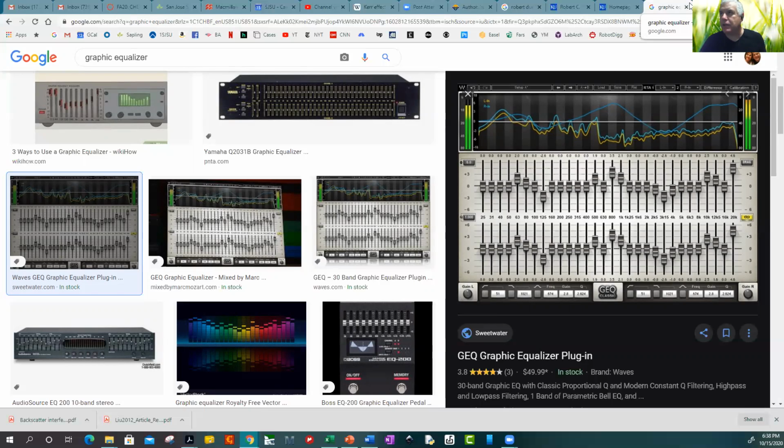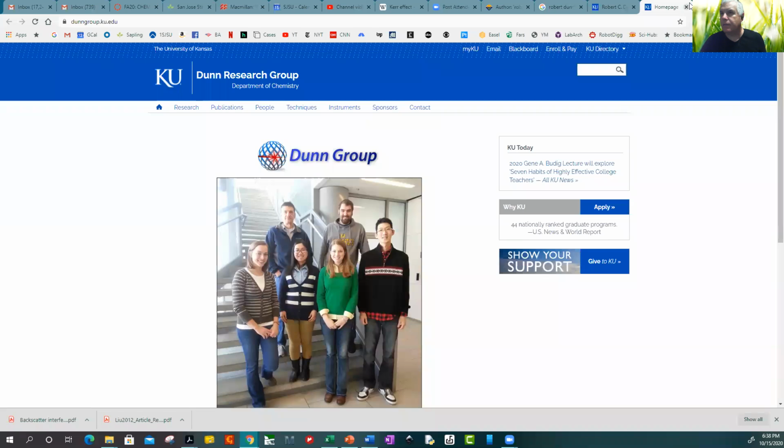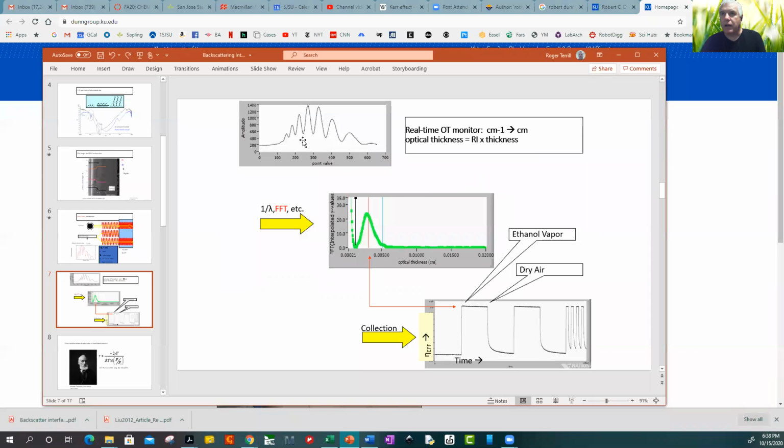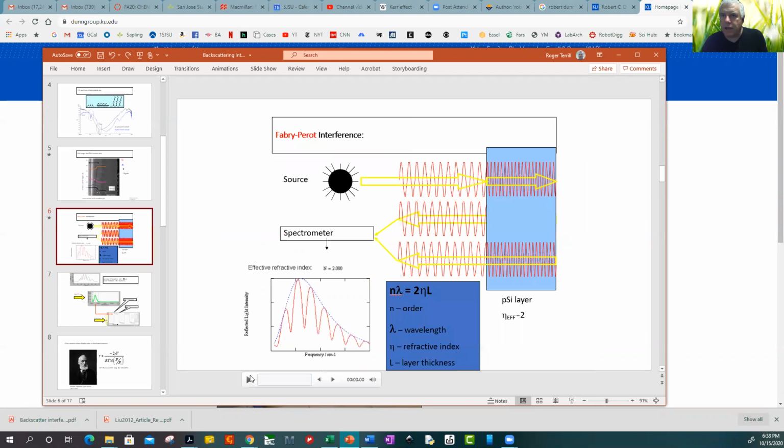I'm just trying to demystify this a little bit. You just take this in your Fourier transform and find the major frequency component in here. Because you know how it works, it accordions like this as the refractive index changes.